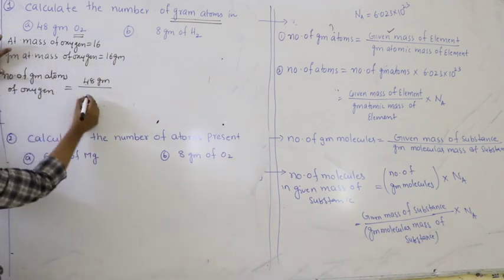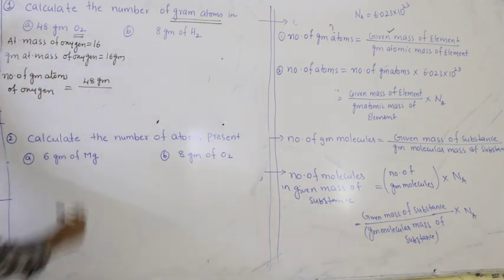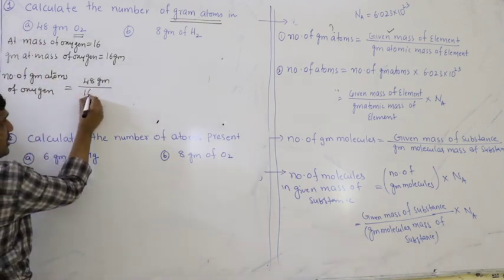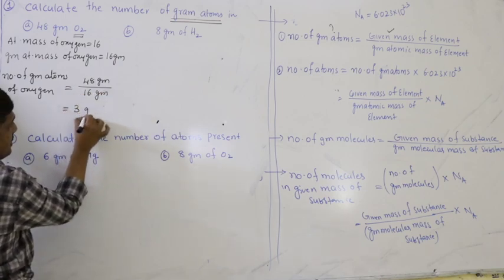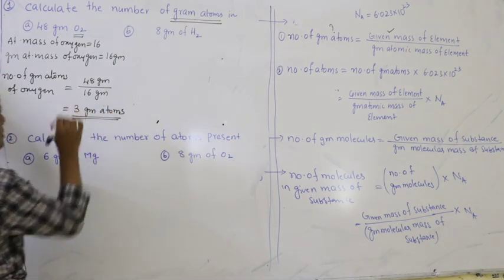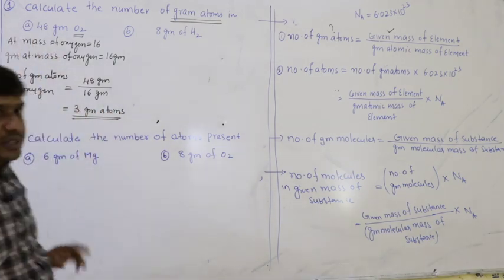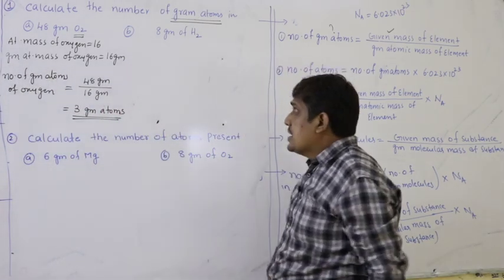If I write atomic mass as 16, the mass units will not be cancelled, so we have to express in grams. It becomes gram atomic mass, that is 16. So what I will get is 3 gram atoms of oxygen. So 48 grams of oxygen becomes equal to 3 gram atoms. Let us see the next one.